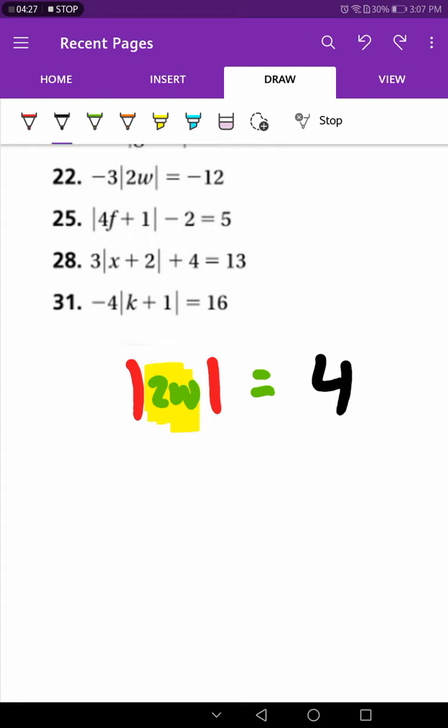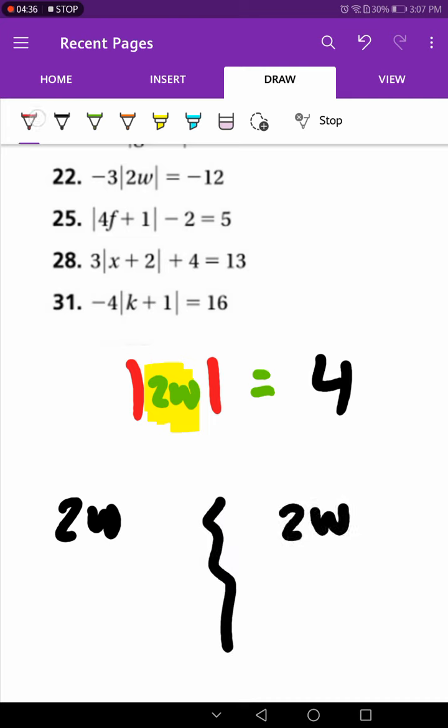As you know, we copy it 2 times. The first time is 2w, and the second time, one time takes the positive number and the second time takes the negative copy.